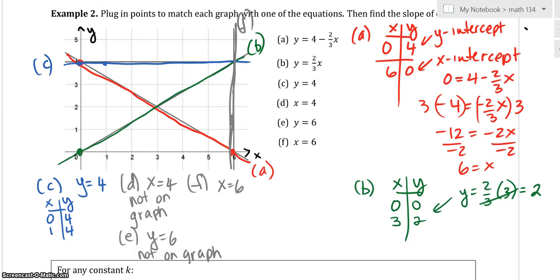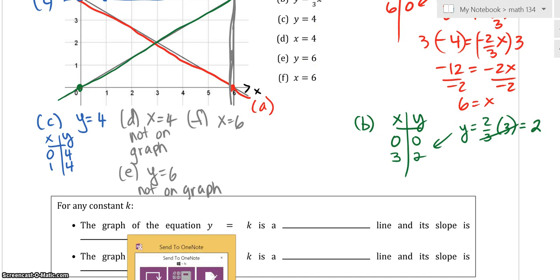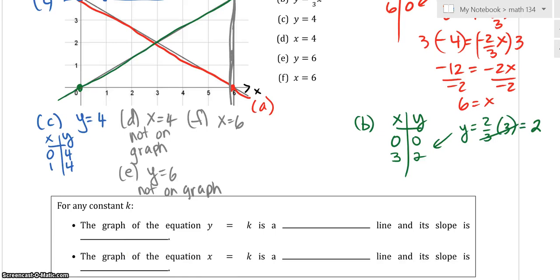So in general, what did we learn? If you notice, when you have y equals some constant, either 4 or 6, that means y is always going to be 4, or y is always going to be 6.